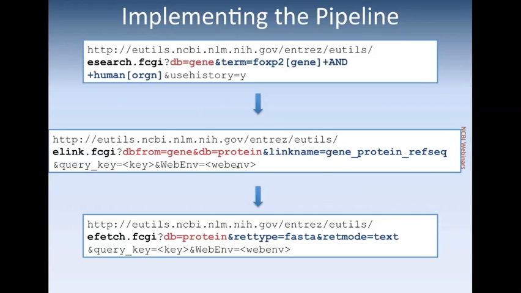That ELink call will then give me either IDs or web environment and query keys that I would then have to take and assemble an EFetch call, rettype equals fasta and retmode equals text, for example, and then provide the key and web environment. So that would be a way that I could do it. But you see that I have to parse the XML output of each one of these before I put it into the next call.